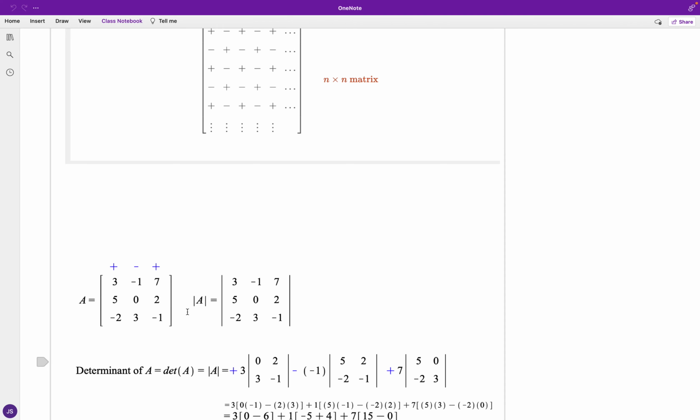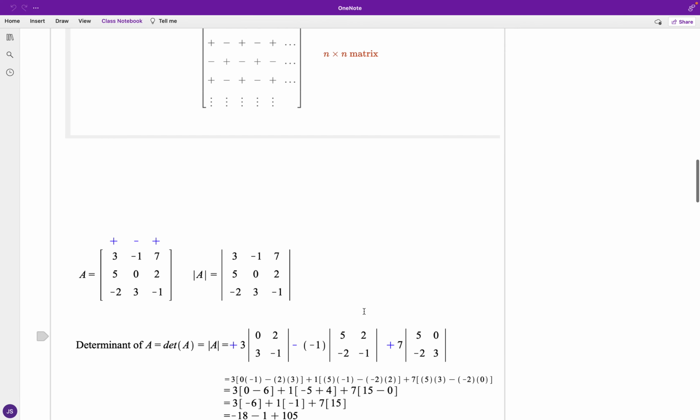Now for the determinant layout, I'm just changing the grouping symbols from brackets to bars, and this has nothing to do with absolute value. For the determinant of this 3 by 3 matrix, you have positive 3, and then covering up the top row as well as the first column, I have left exposed 0, 2, 3, -1.